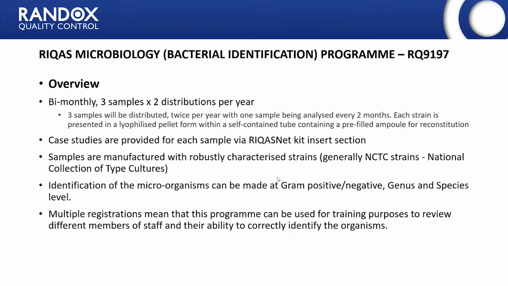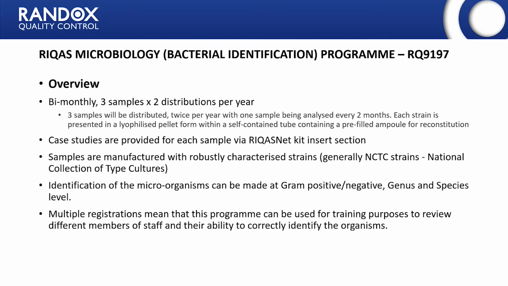For an overview of the program itself, the kits will contain 3 samples, with 2 distributions per year, so basically running 1 sample every 2 months. The case studies that are required are in the RIQAS Net kit insert section. Labs will need to refer to RIQAS Net and the kit insert section to know the correct medium to grow up the strain.